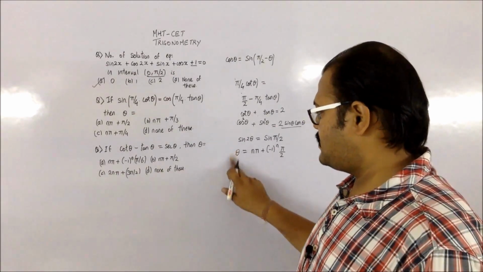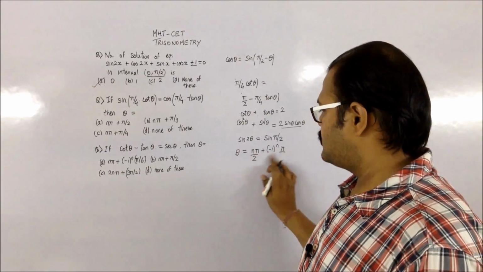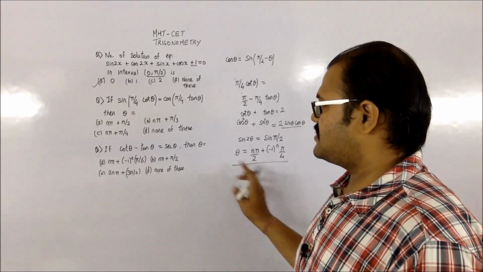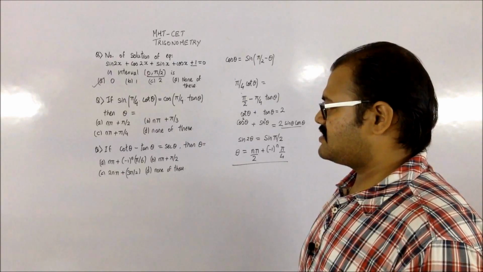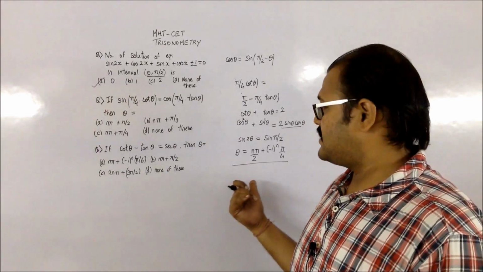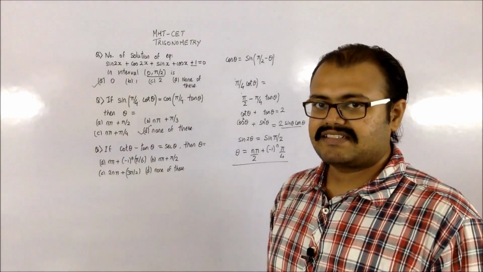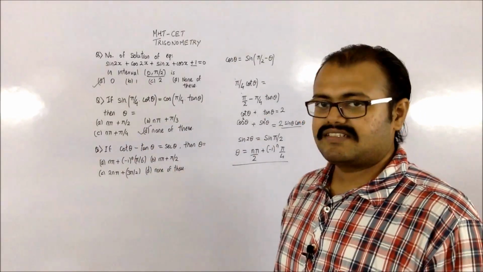Now dividing by 2, I'll be getting this particular equation. If you check the equations which are given to you, none of them is present, so none of these is the answer for this.